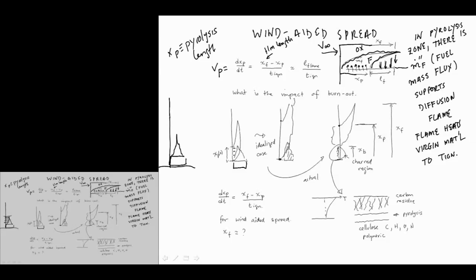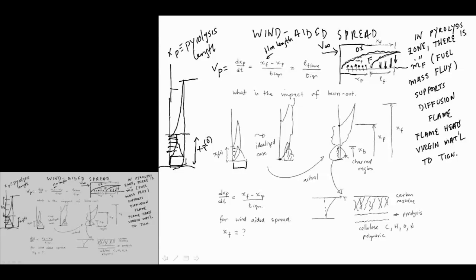So there's going to be an initial ignition distance, and that's going to be our initial pyrolysis length. Once it's ignited, both the gasoline and the mass flux of volatiles from the wall are going to support a much larger flame, and that larger flame is going to heat up the wall and cause a flame spread over the wall over the L_F length scale.